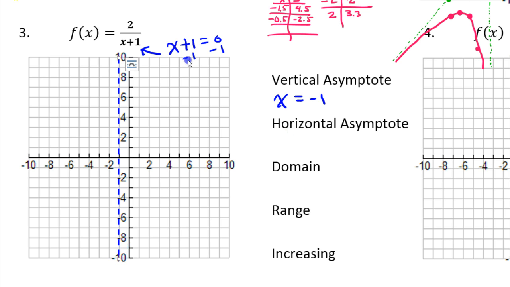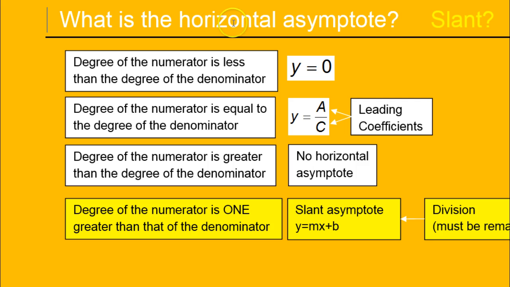Now, horizontal asymptotes are slightly more complicated. If you want to know what the horizontal asymptote is, you need to look at the degree. You need to figure out which one of these three situations you're in. If the degree of the numerator is less, then the horizontal asymptote will be y equals 0.